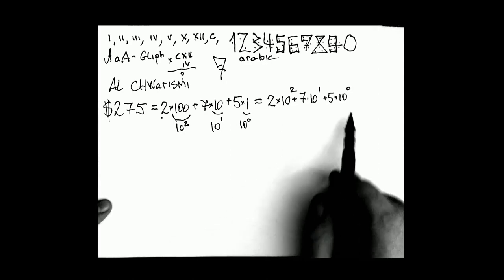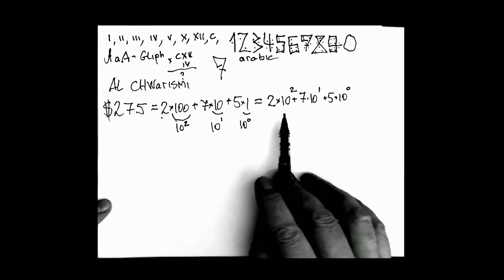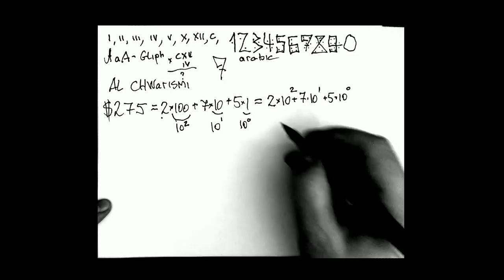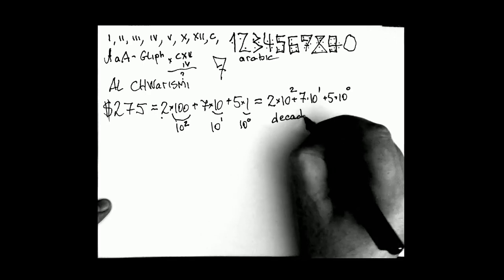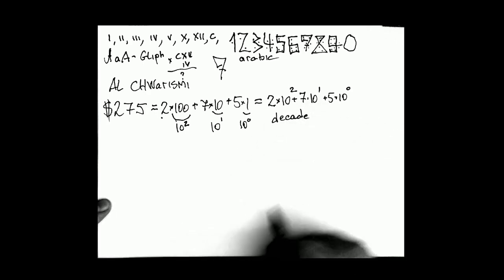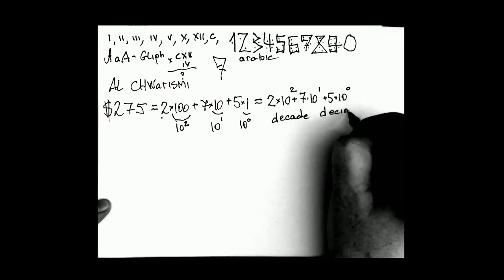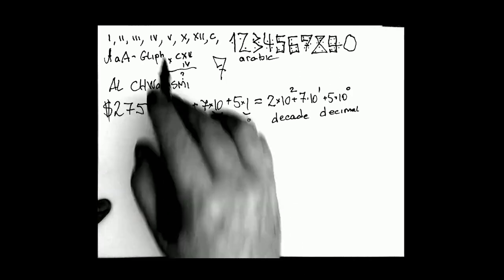But folks, these powers 0, 1, and 2 of 10, because 10 is the basis of our numeric system, because we have 10 fingers. 10 is named a decade. From this word decade, from the Roman decimus, meaning 10, this system is named decimal. Decimal system, not like the Roman system.